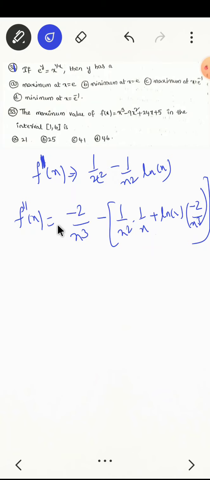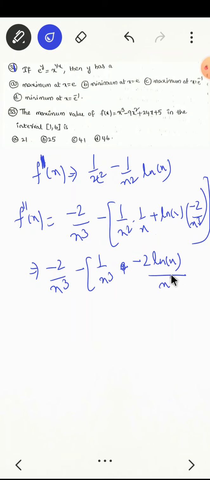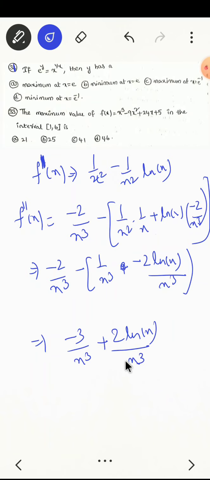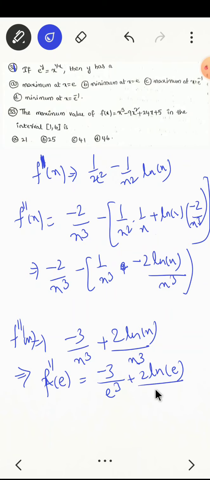Now after getting this value, you can just do some simplification. Then that will be 1 by x cube minus 2 ln of x by x cube. Then I can write it as minus 3 by x cube plus 2 ln of x by x cube. So after doing this, at x equal to e, if I substitute, f double dash at x equal to e, I will get minus 3 by e cube plus 2 into ln of e by e cube.